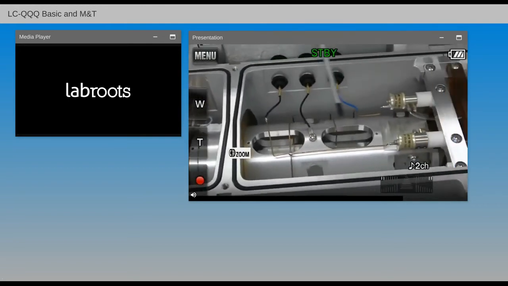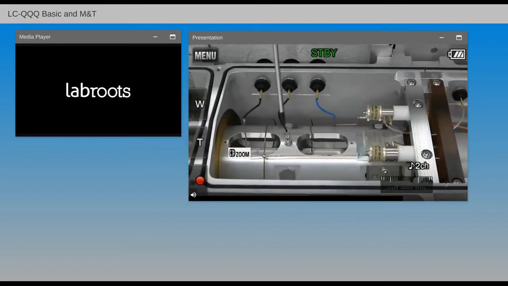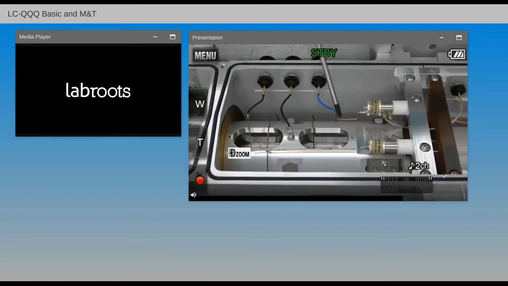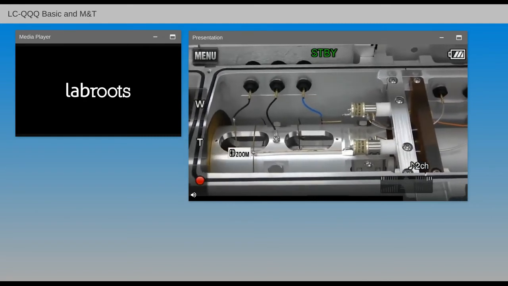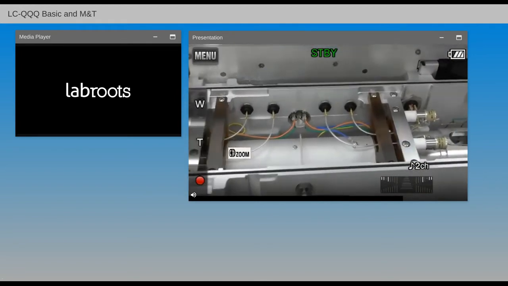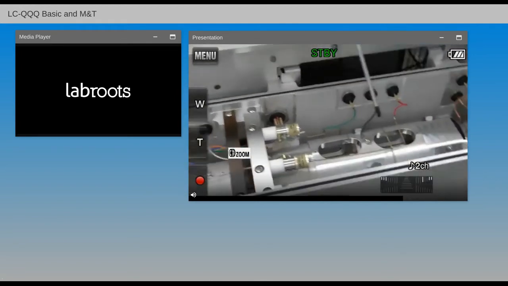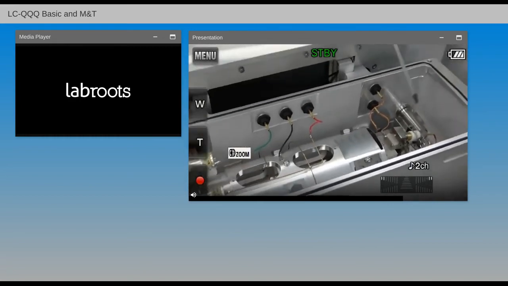This is the previous design where things are still linear, but the parts within it may be almost similar. So you have the MS1, and you have the collision cell, and of course we have the MS2, and of course the detector.